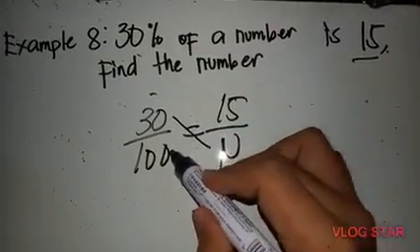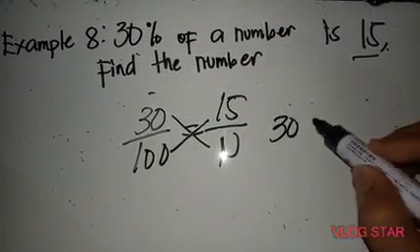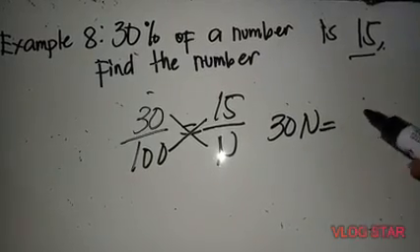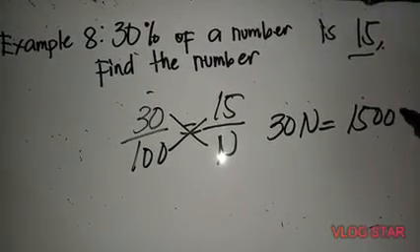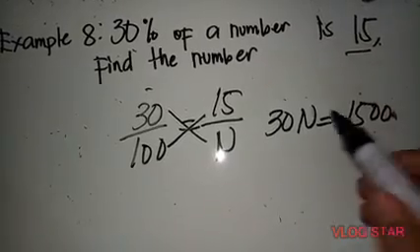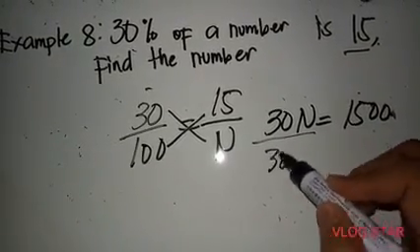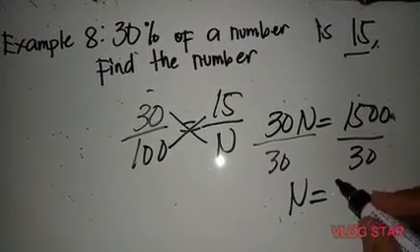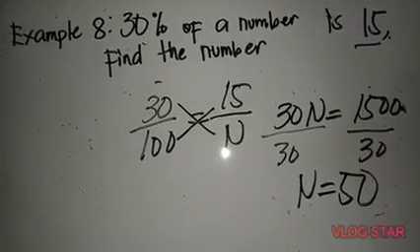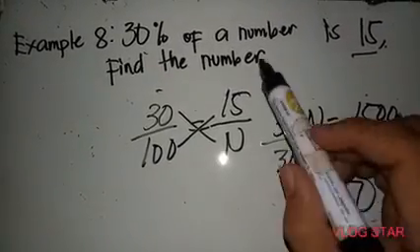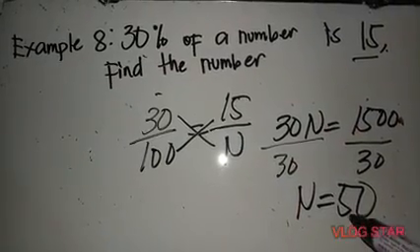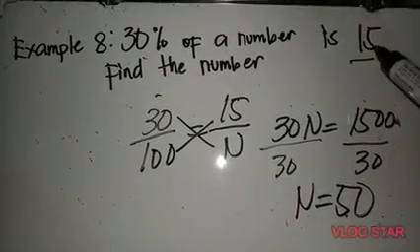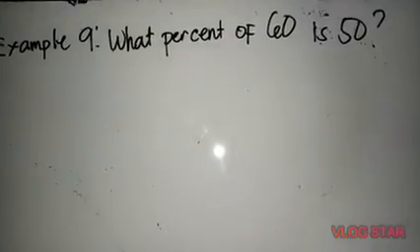So just cross multiply, 30n equals 1,500, and divide both sides by 30, and the value of n is 50, meaning to say that the number is 50. So the 30% of 50 is 15.